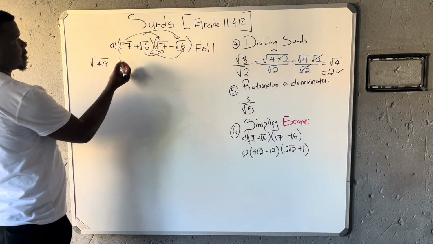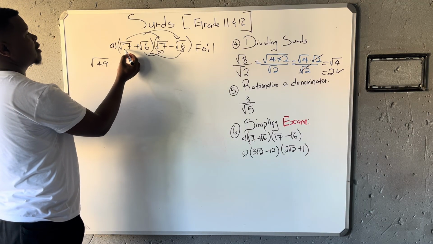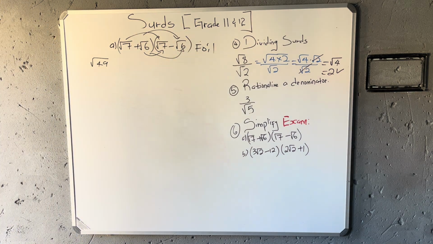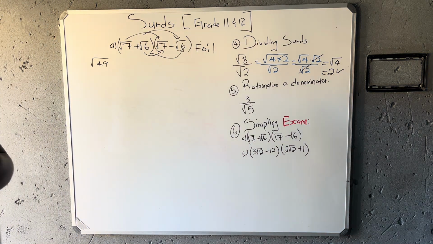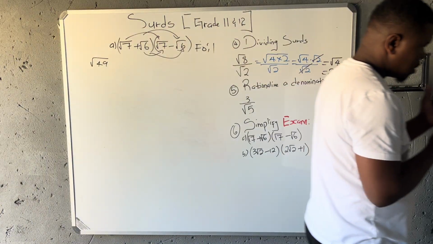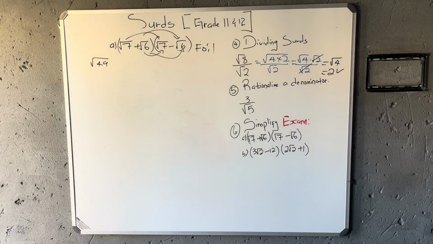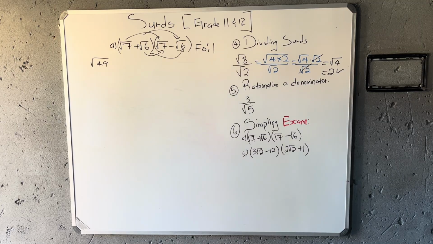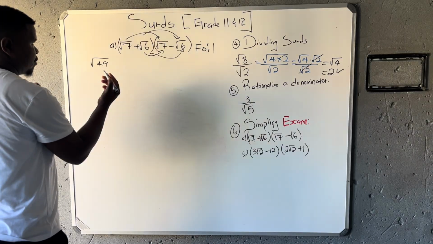All right, now let's check. Now again, square root of 7 times square root of 6. I want to make sure you understand exactly what we are doing.